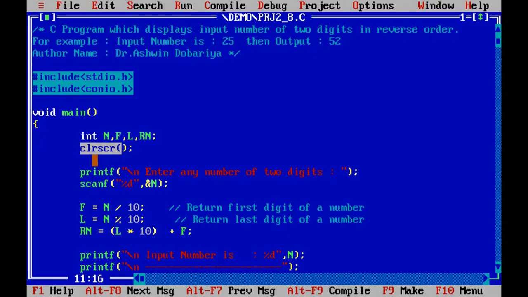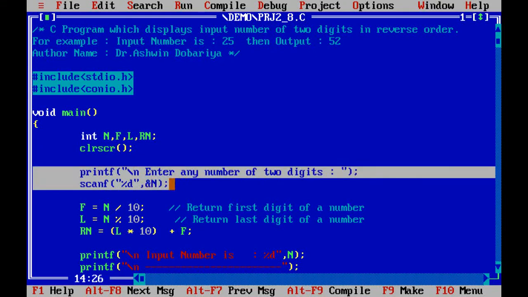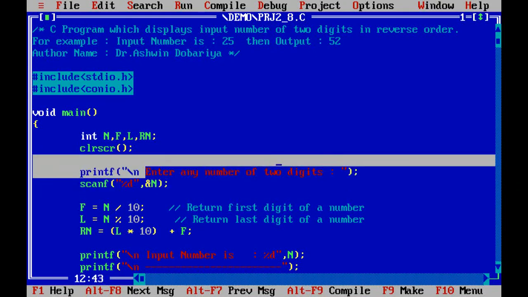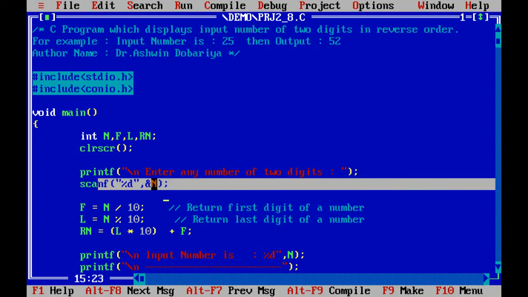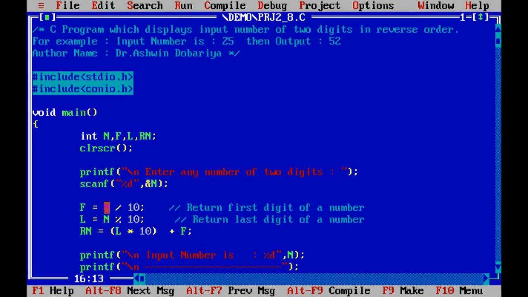Then clear screen. Then we ask the user to enter any number of 2 digits. Here 2 digits is the limitation of this program. At a later stage I will explain how we can make this program general, and that number will be stored in the variable n.